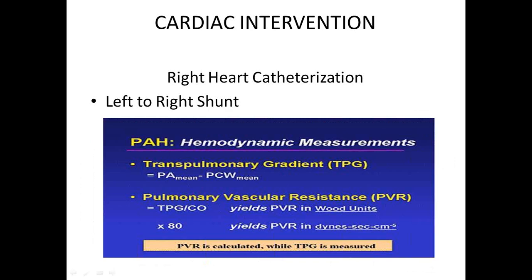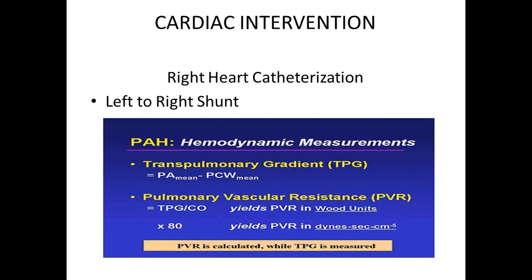We talk about a transpulmonary gradient. So basically, it's a pressure gradient for blood flowing into the pulmonary circuit. So that pressure gradient is the mean PA pressure minus the pulmonary capillary wedge pressure. So remember, our pulmonary capillary wedge pressure is a reflection of the left atrial pressure.